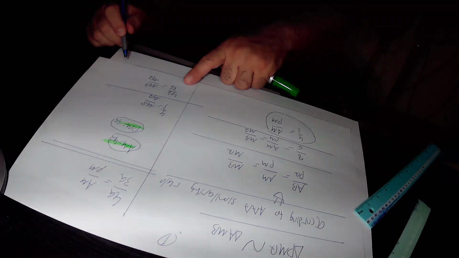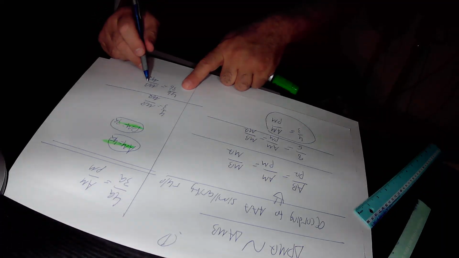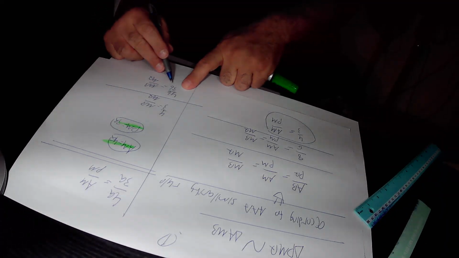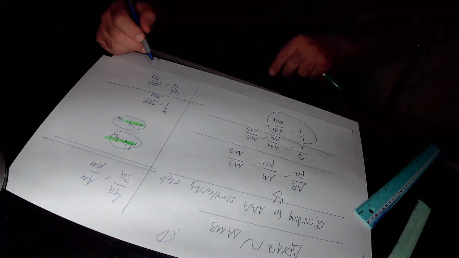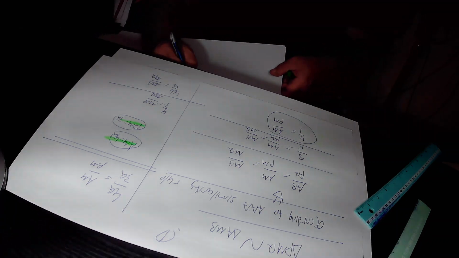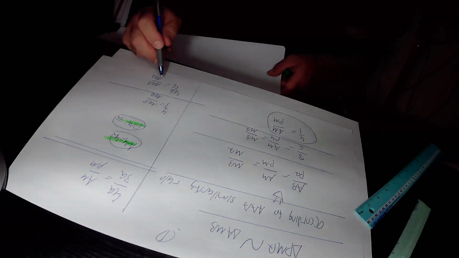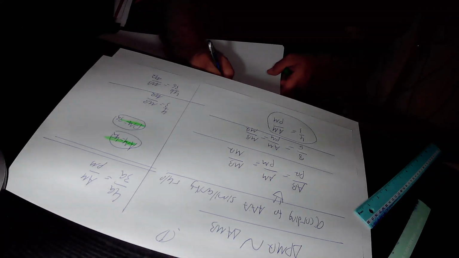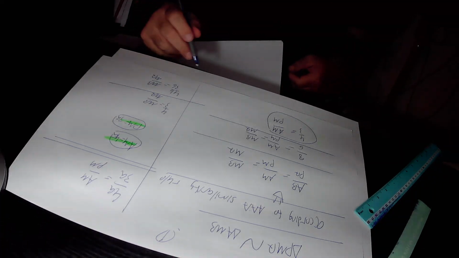So the numerator of this side of the equation must be equal to the numerator of this side of the equation, and the denominator must be equal to the denominator. This is to say, we found out that 4B equals MB, or MB equals 4B, and MQ equals 3B.